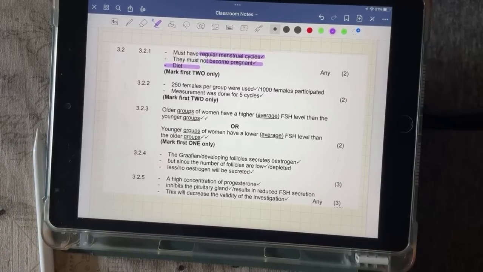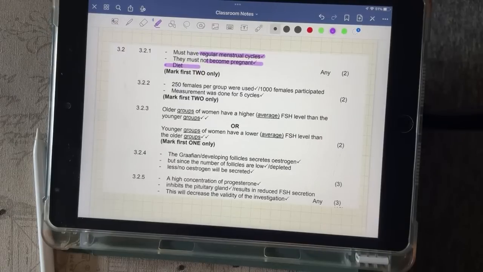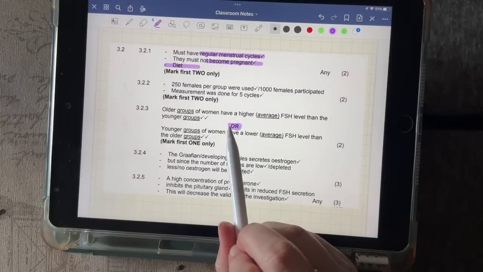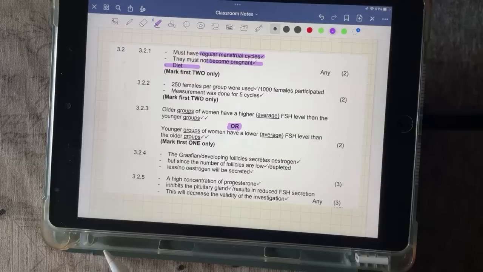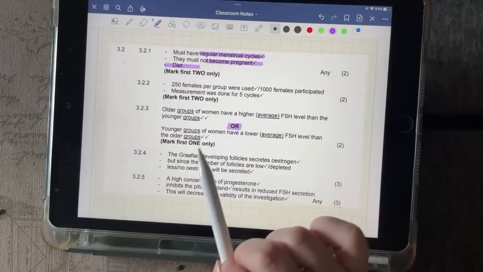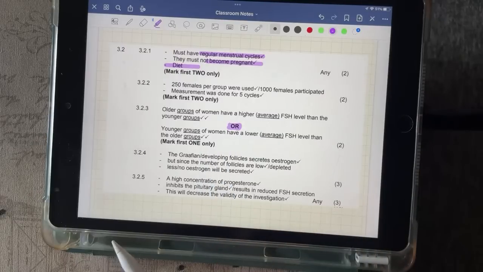So it wasn't just these 3. They probably had even more that they would have accepted. All right, and you can also see how they've structured it. If you ever see an 'or' in an answer, it means that you must answer either both ticks from the first or both ticks from the second.